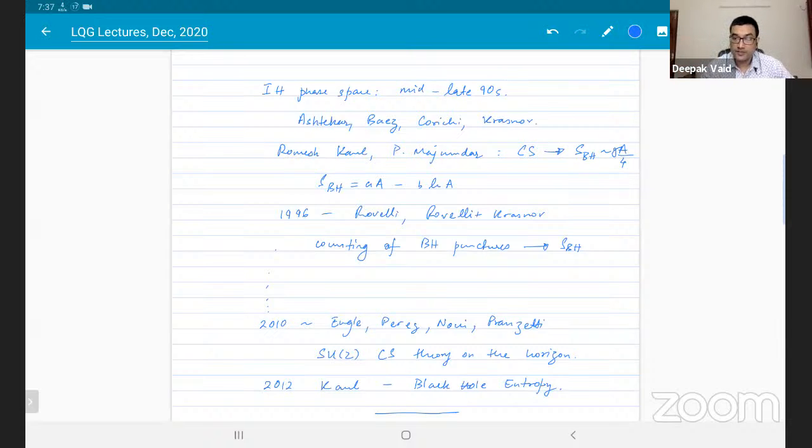So you need some way to identify which surface is the horizon. And the identification is in terms of the expansion of null vectors, so this definition in terms of trapped and marginally trapped surfaces.